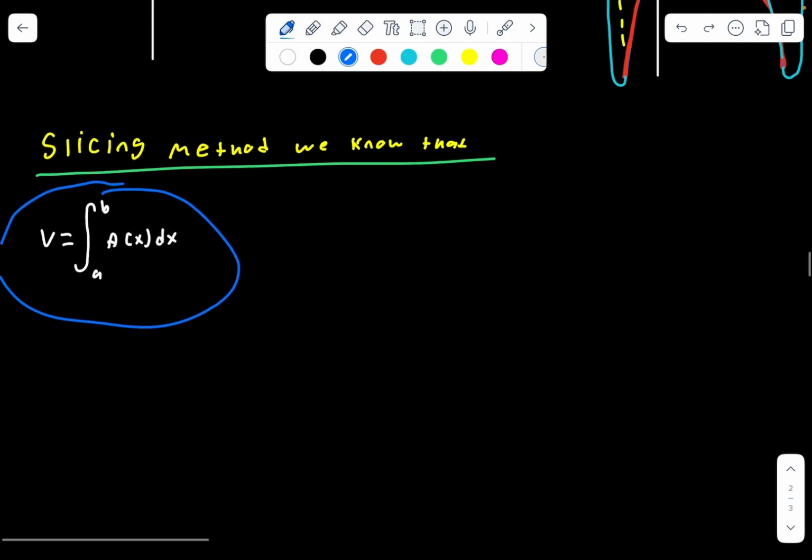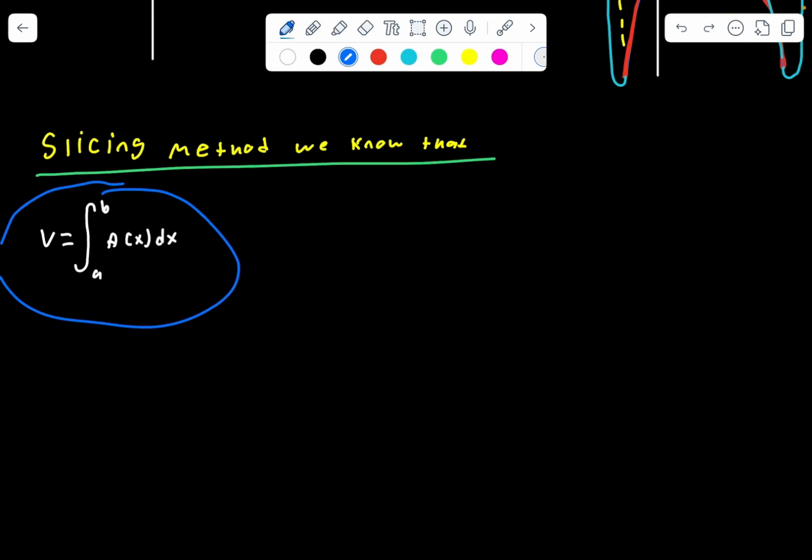Okay, so the slicing method, we know that it's this specific formula. We use this method in Riemann sums, like the development of the formula, when we developed the slicing method, so we know that it's this formula.